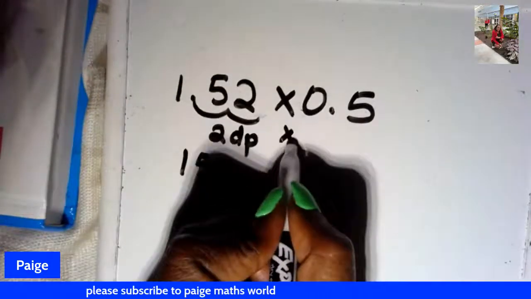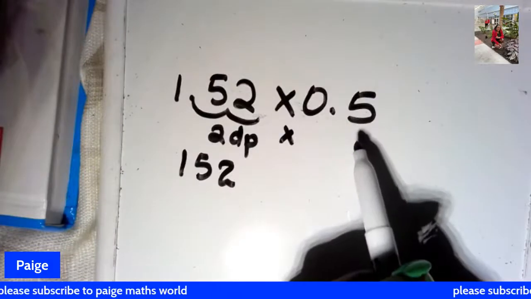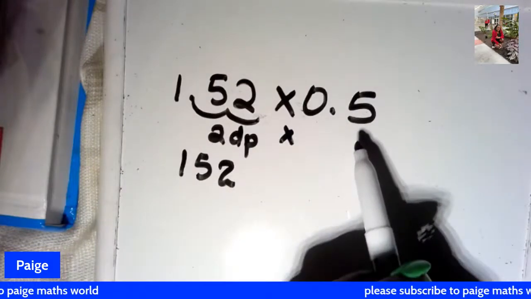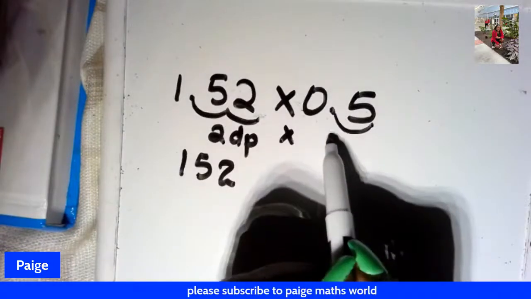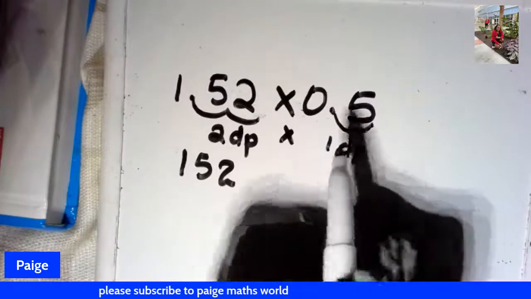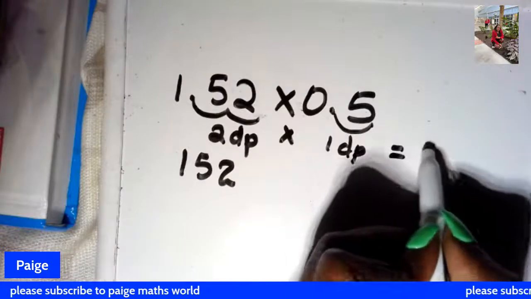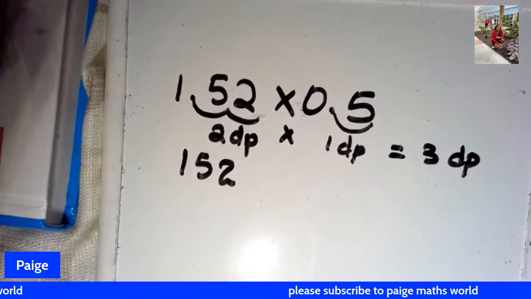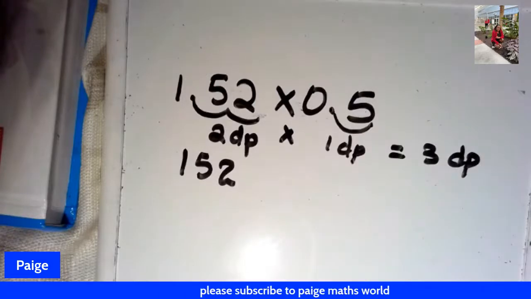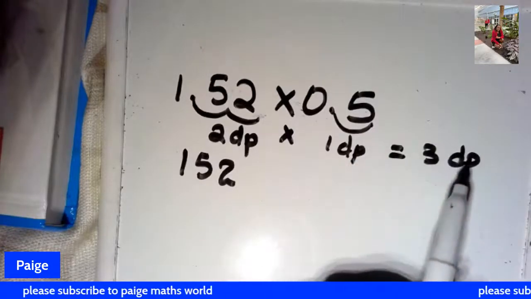We're going to try to take this out as well. Okay. We're taking out 1 decimal point here. So it's going to be 1 dp. So in all, we are taking out 3 decimal points.